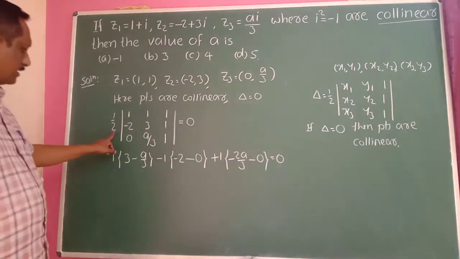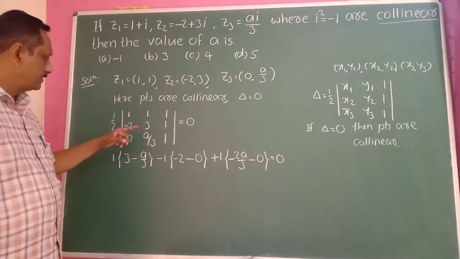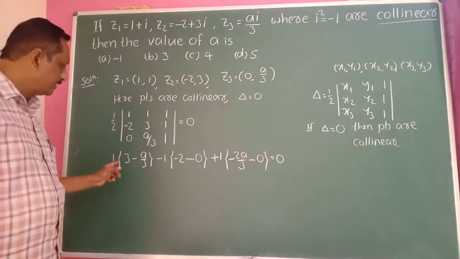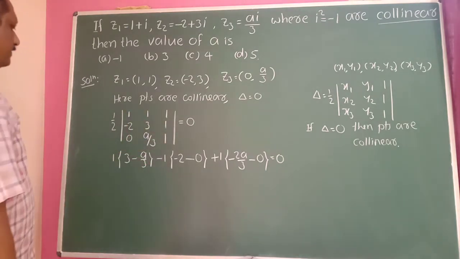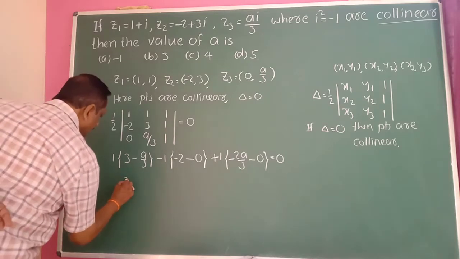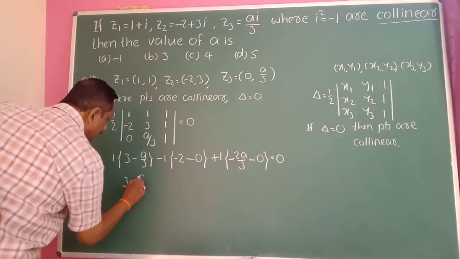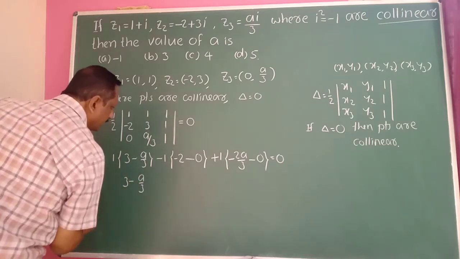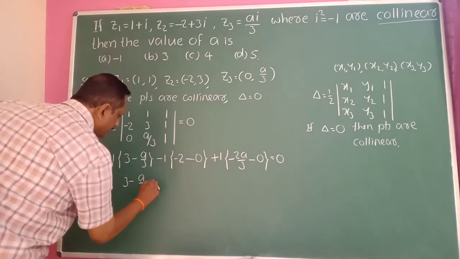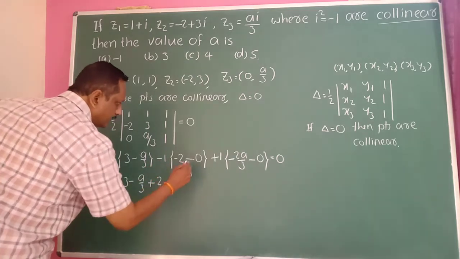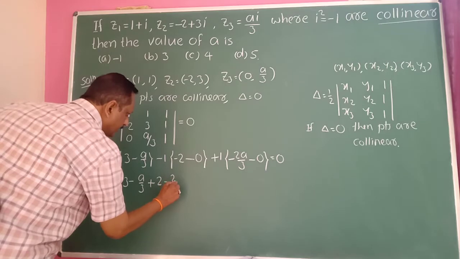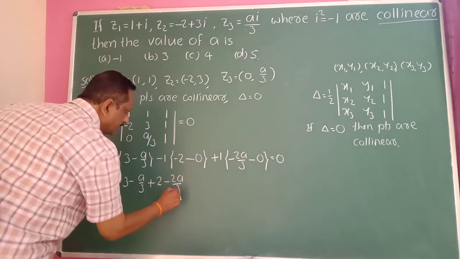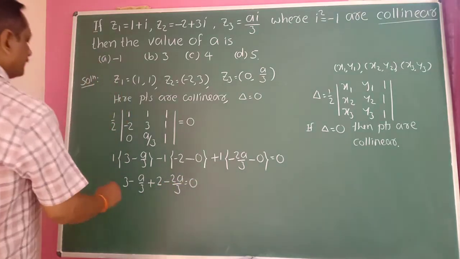Then we simplify. So 3 minus a divided by 3. Minus into minus becomes plus 2. Then plus into minus is minus 2a divided by 3. That is equal to 0.